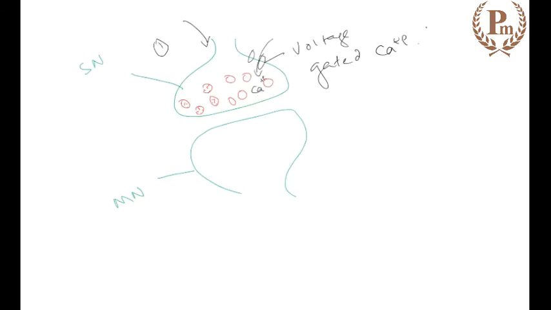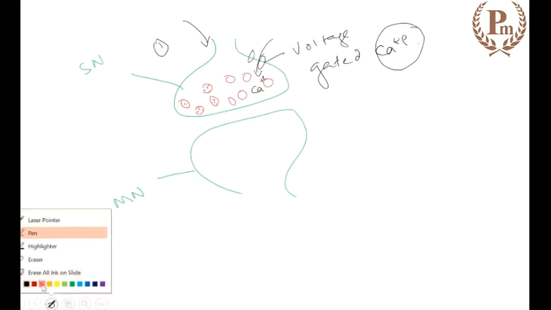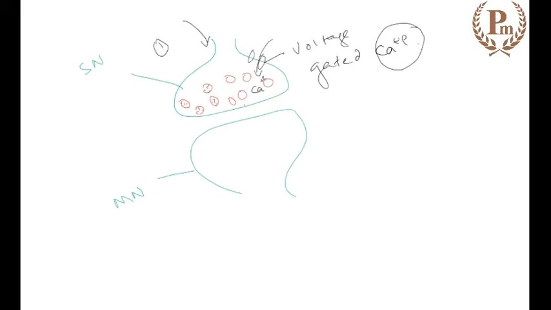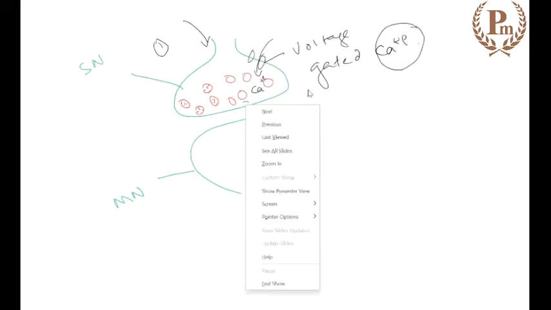Calcium is the main factor here. When calcium ions are available, they bind with the anchoring proteins of the vesicles. And these vesicles are going to come near the presynaptic terminal end.